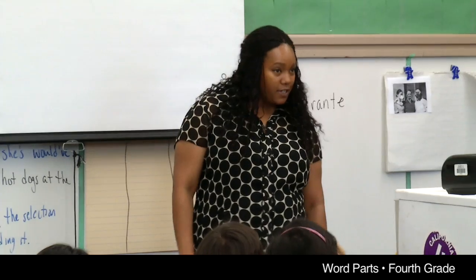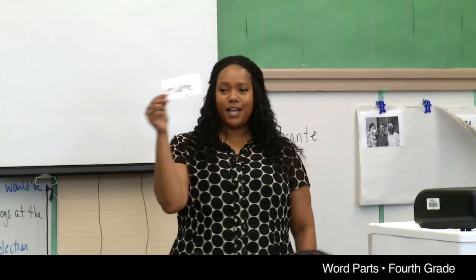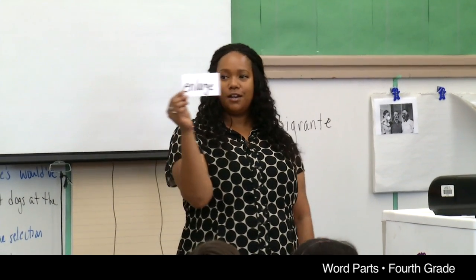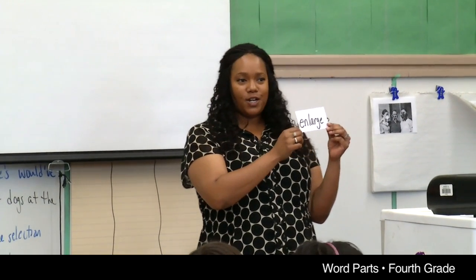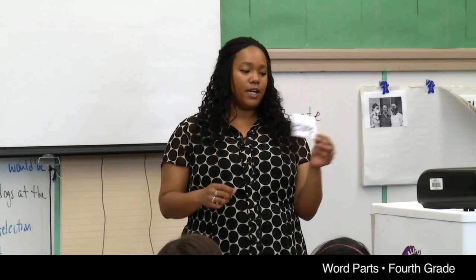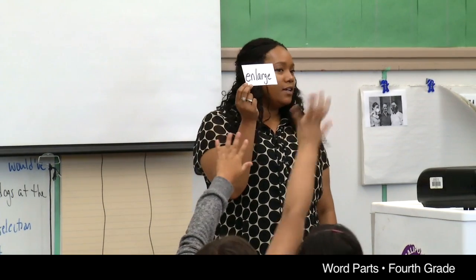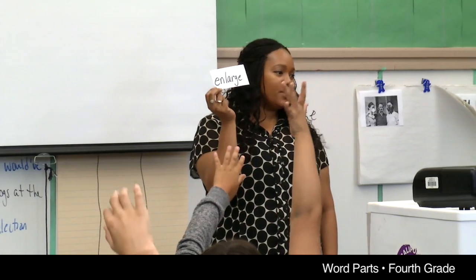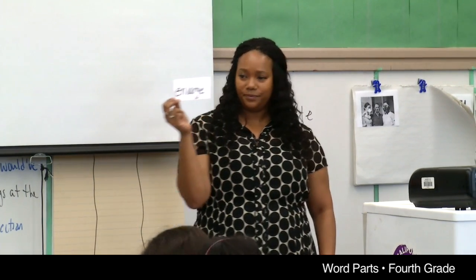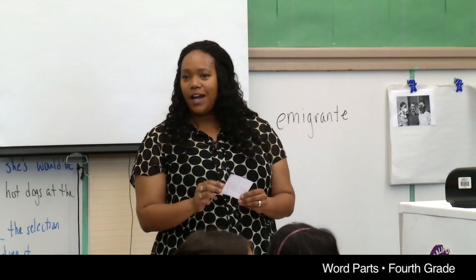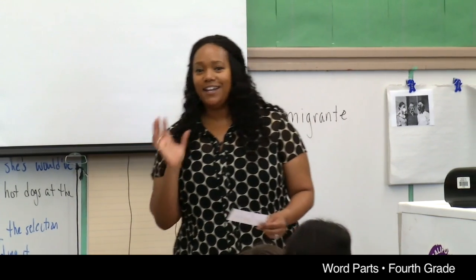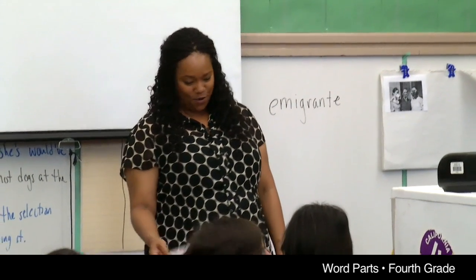The next word that we're going to talk about is enlarge. Say it, please. Enlarge. All right. This word has word parts. We've talked about word parts before. So this has a prefix. Do you know what prefix this word has? If you know what prefix this word has, whisper it to your neighbor. Okay. I heard some people saying, "en." If you said "en," then you are correct.